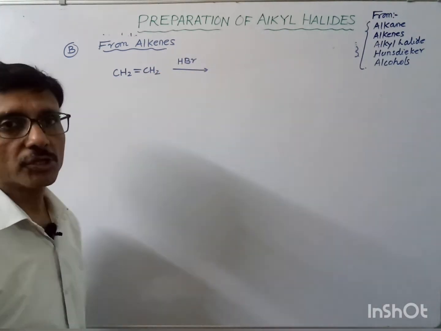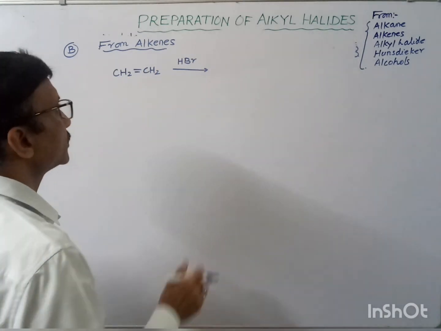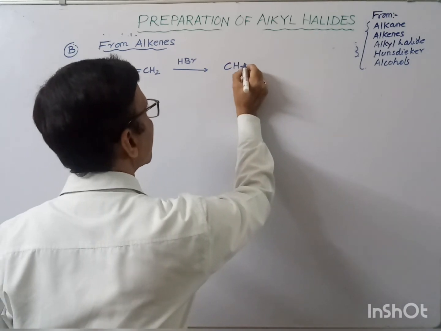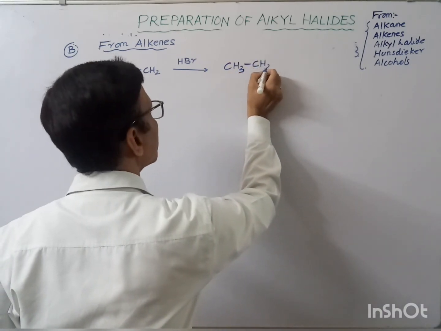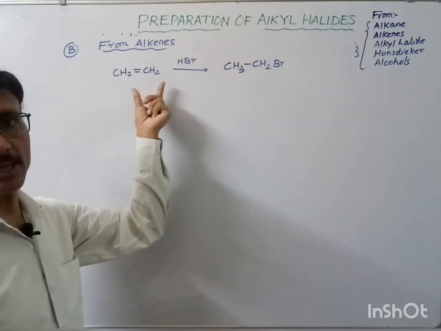This HBr molecule will attach over this double bond, and we will get the alkyl halide. So this is the symmetrical alkene.